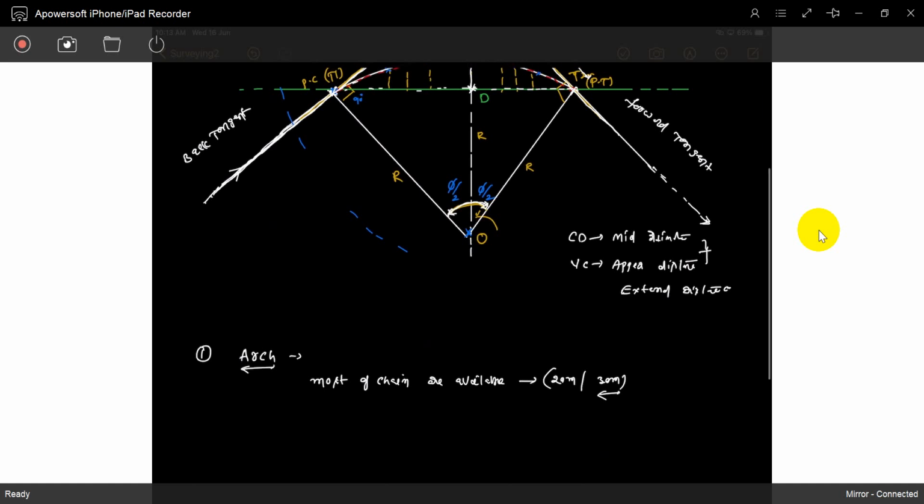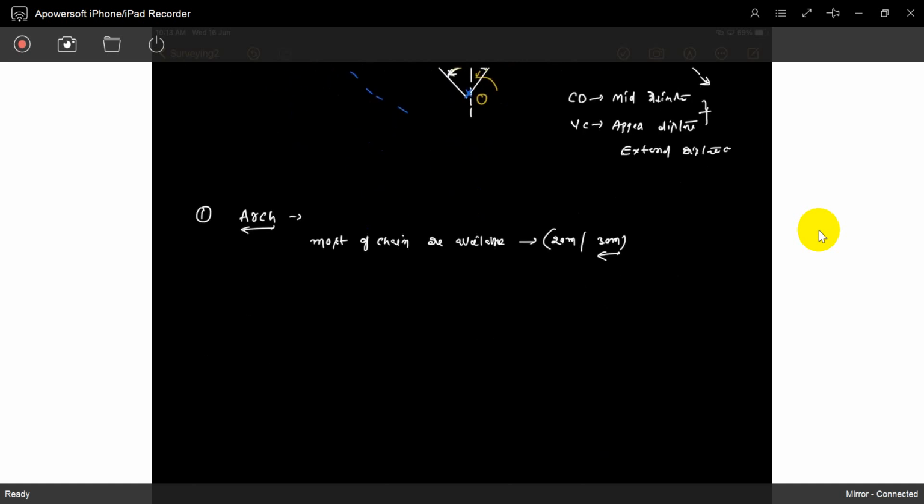So for that purpose, see, if any arc is something like this, this is a degree, some angle.